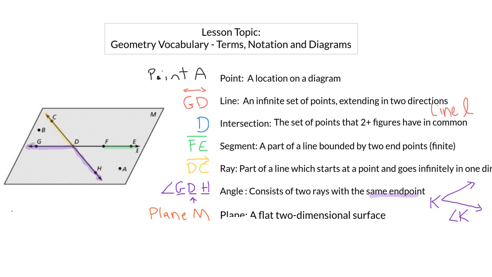And there's more to that we'll talk about later. But for now, just know that we would have to choose any three letters from the plane that are not all on the same line. So let's call this plane BFH. There's a lot of options. I just chose B, F, and H, knowing they're not all on the same line.